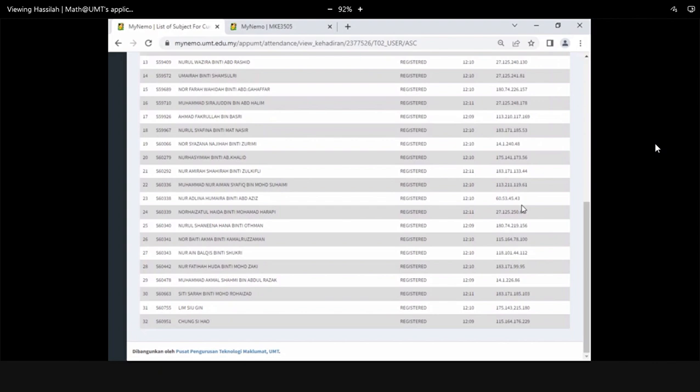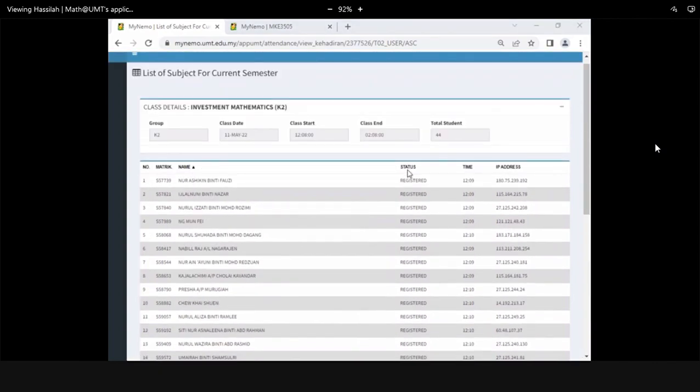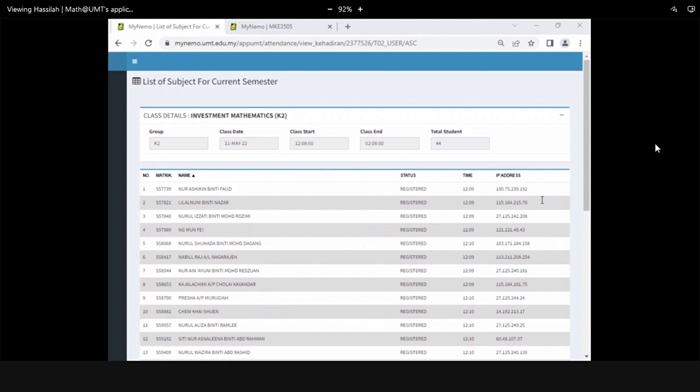Ada 32. Patutnya ada 45. Kelas kita berapa orang yang hadir ni? 39. 38 lah. Okey. So kita teruskan kelas kita pada hari ini.